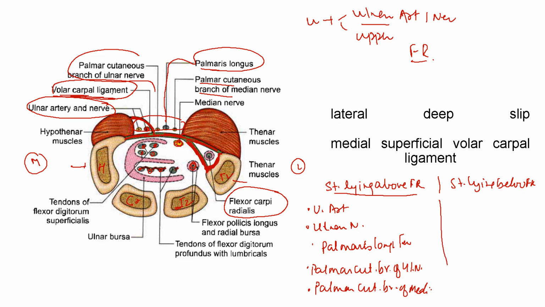These structures lie above, while the median nerve and the tendons of FDS, FDP, and flexor pollicis longus, all these structures lie below the flexor retinaculum and pass through the carpal tunnel.